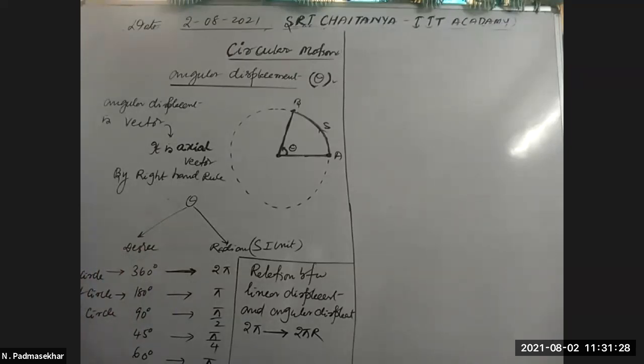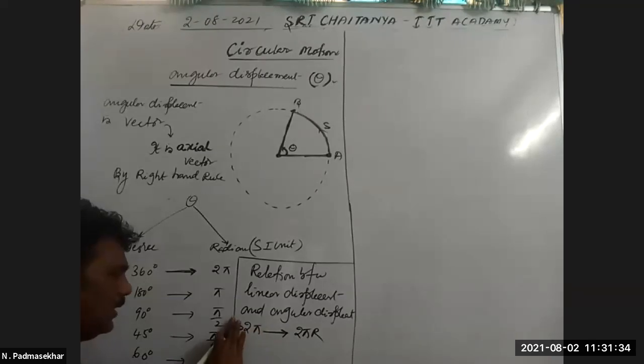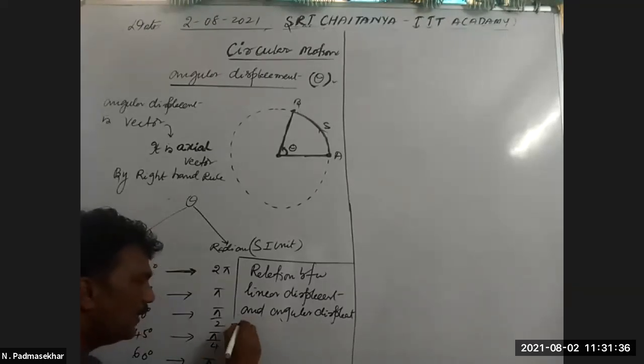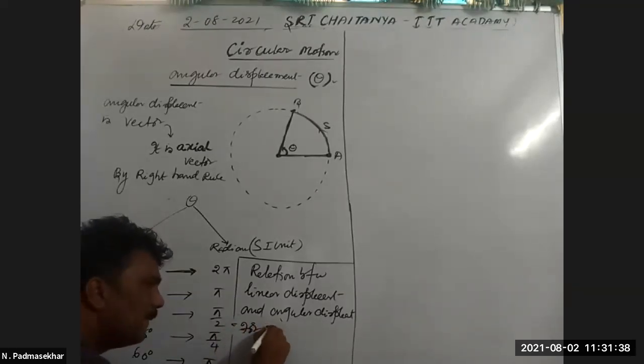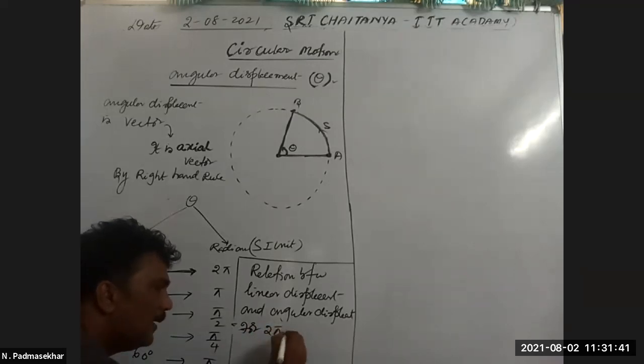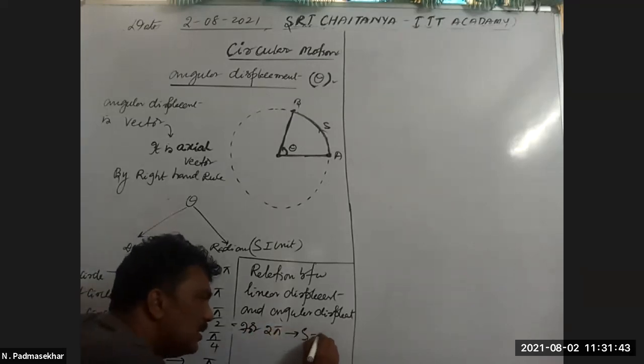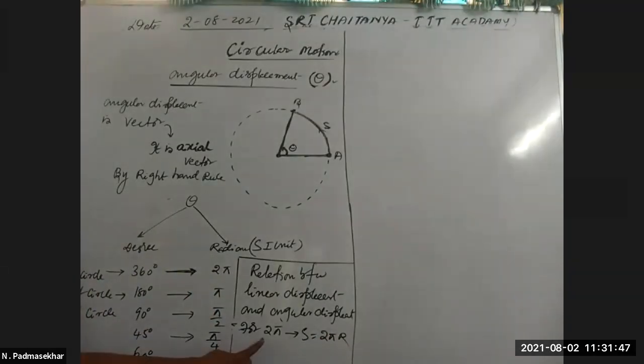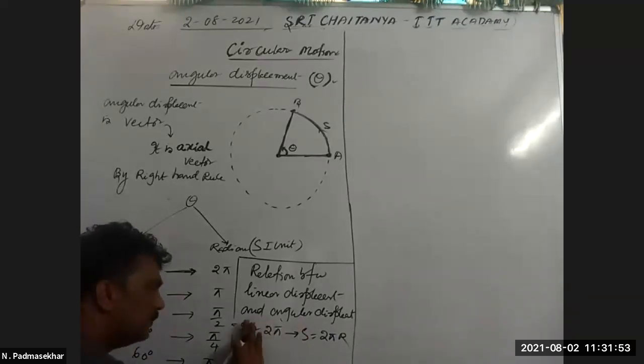Full circle. Okay na? For 2 pi, s is equal to 2 pi r. అవునా? For 2 pi, s is equal to 2 pi r. అంటే displacement.